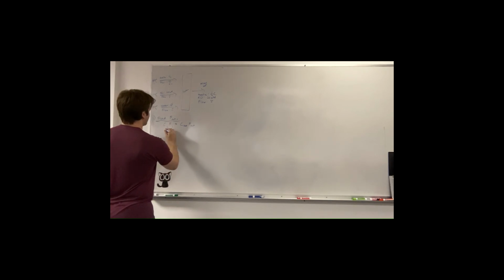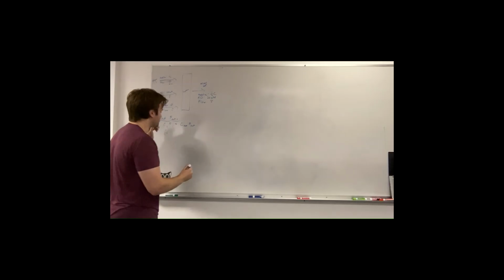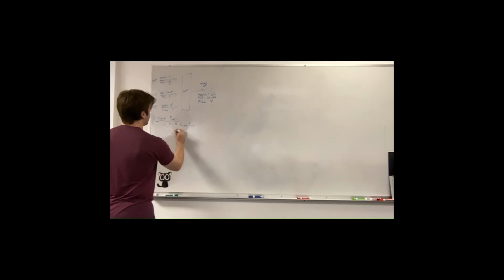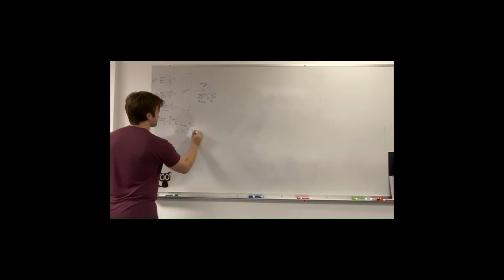And here we have C1 and then F1. We know F1, it's up here, but I'm just going to put F1 for now. That is equal to C out, which is just 1/3 C1, and then F out.